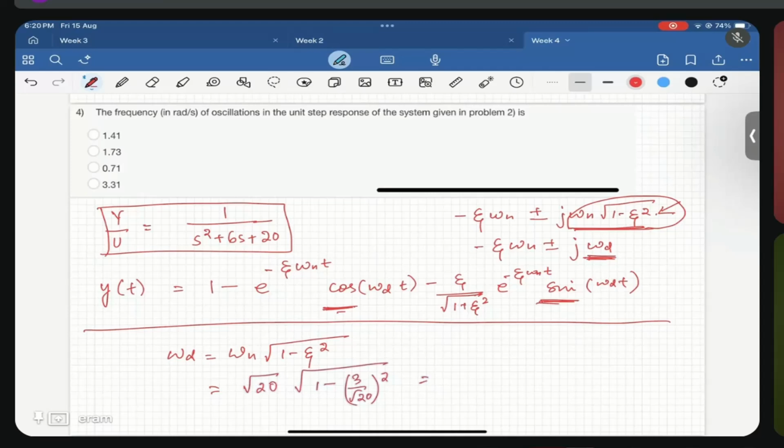Again, I am saying try to use the calculator of your laptop or your PC. 3.31, yes, approximately it is 3.31 radian per second. So the answer is the fourth one.